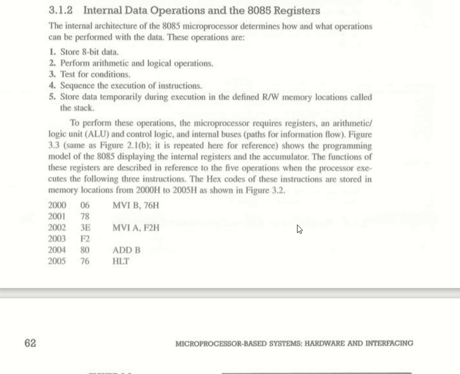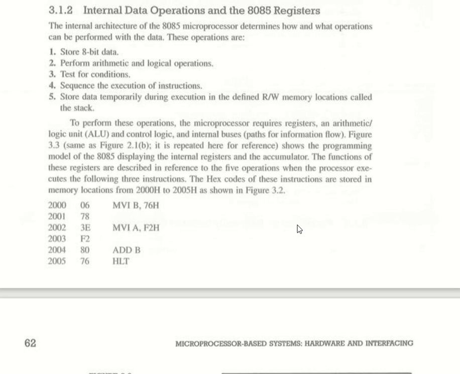Then we can test for conditions. We have the if statement. We have the sequence of execution of instructions, and we can store data temporarily during execution in defined read or write memory locations, which is called stack. So that's called stack memory.